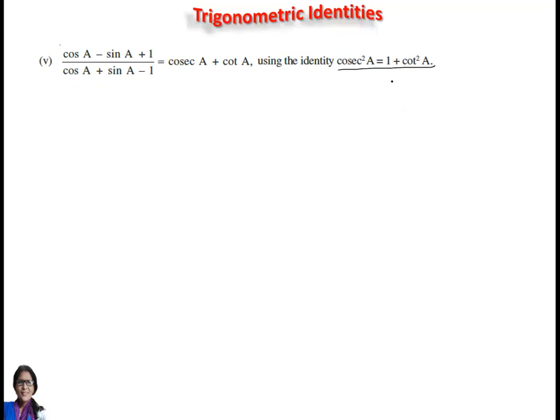I'll get cosec if I'll get 1 by sin A. I'll get cot, cos by sin A. So that means for the left hand side, I'll convert this into cot and cosec. To cot and cosec, I'll divide throughout by sin A, all the terms.